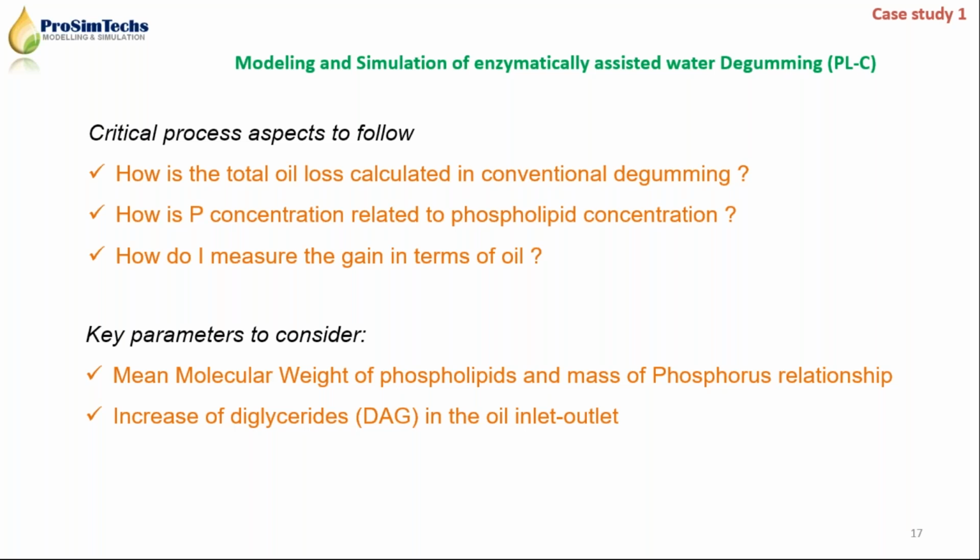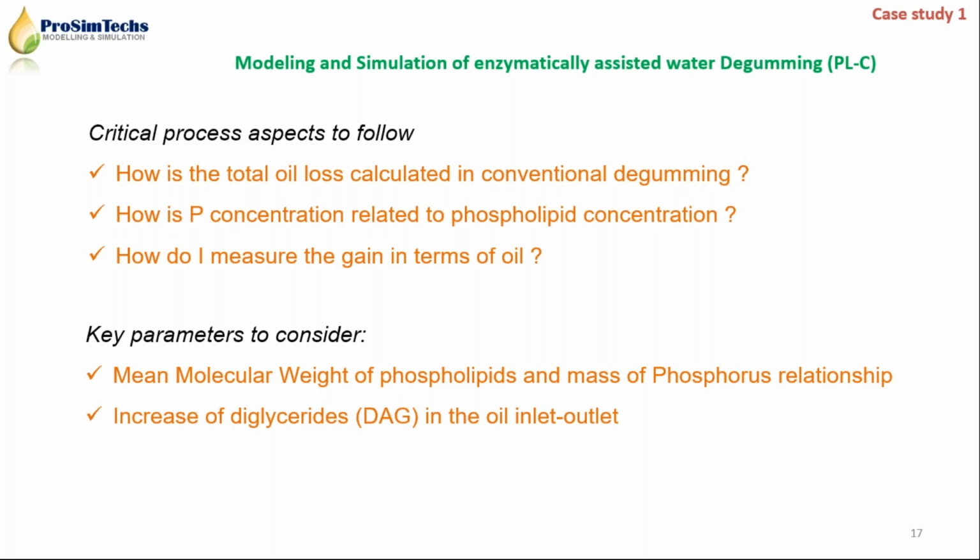So we also need a theoretical way to compare the actual increase of the diglyceride in our actual process due to the action of the PLC enzyme on PC and PE. And of course, an appropriate and accurate way to compare it. So let us see now the example.